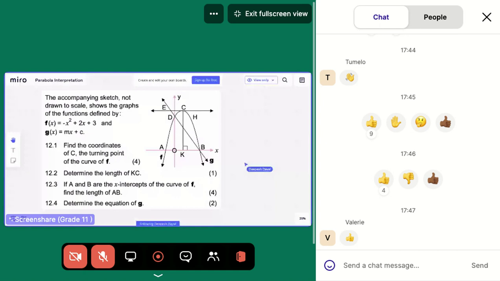It says the curve of F, right? So we're going to use the graph of F to find the turning point, right?